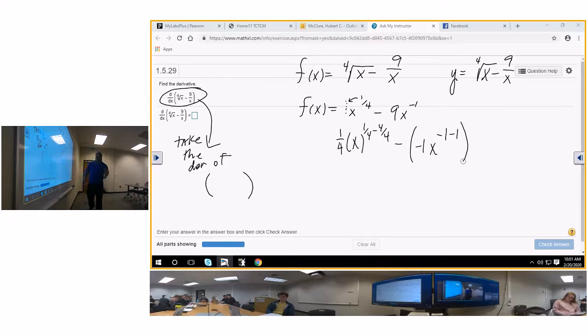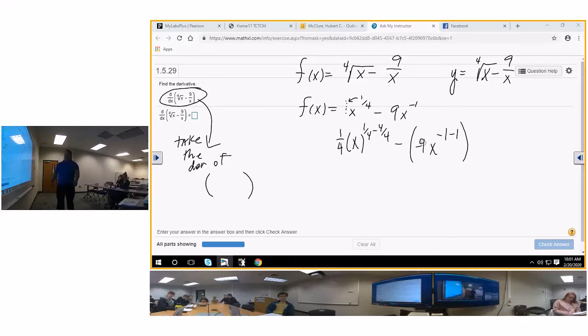Now I'm writing everything out, and I do that until we get through with derivatives, and then we'll move on to antiderivatives. 1/4 times 1 is 1/4. 1/4 minus 1 is 1/4 minus 4/4. -1 times 9 is -9. And -1 minus 1. Now, if you don't know how to do fractions and you don't know how to do negatives, that's not my problem.